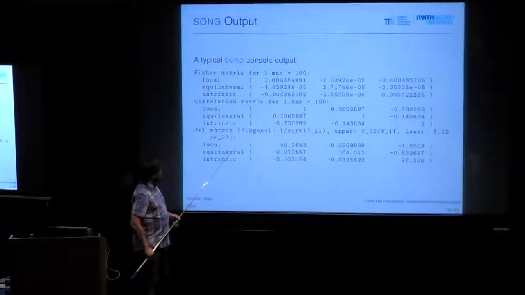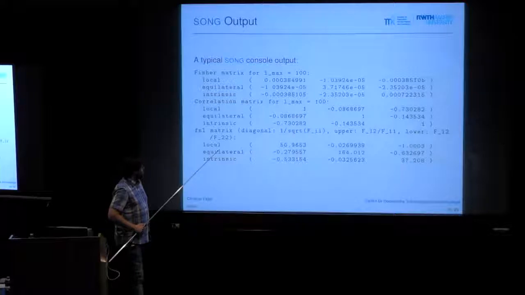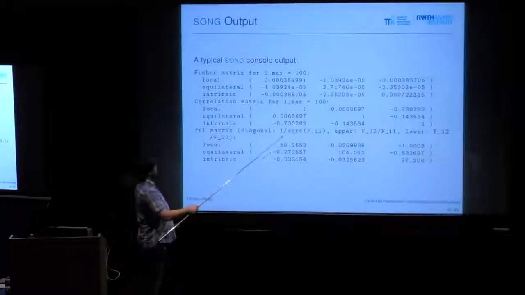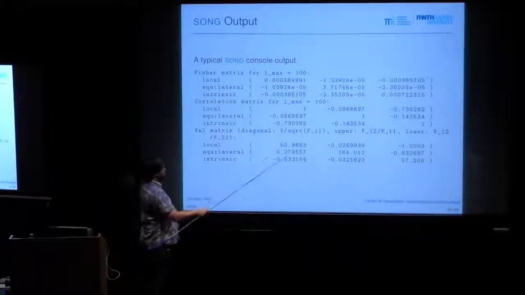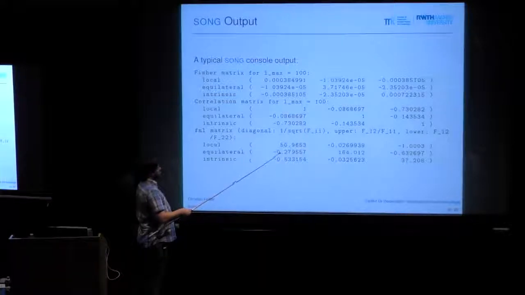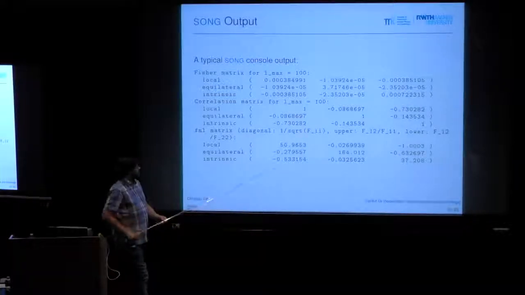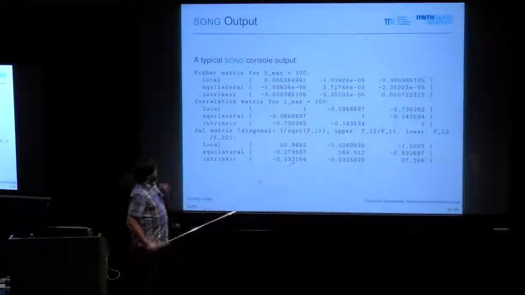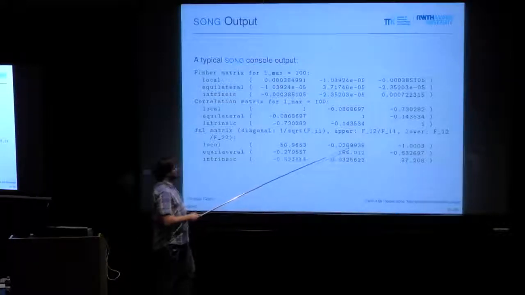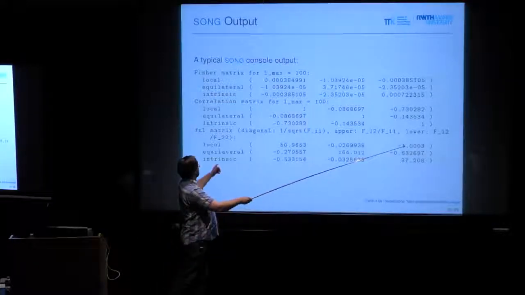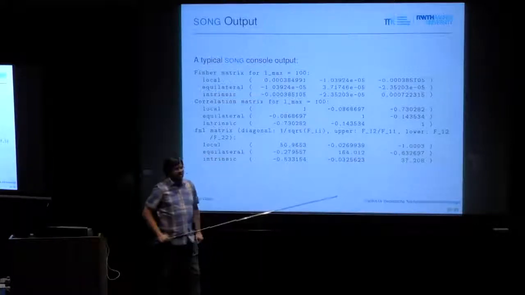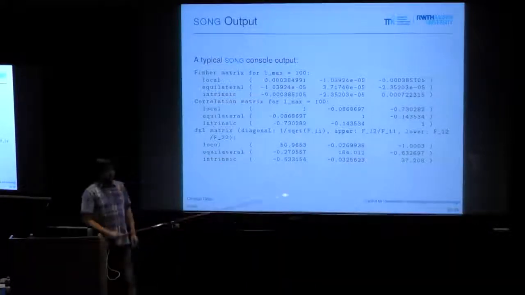But you can also look at other things here. You can, for example, say, let's say I have an equilateral bispectrum and I measure a local bispectrum, how much will I get a contamination here? Or you can also say, let's suppose I have a local bispectrum, but for some reason I measure with the intrinsic template. Then you would get this contamination to your intrinsic template. But of course, no one would do that.